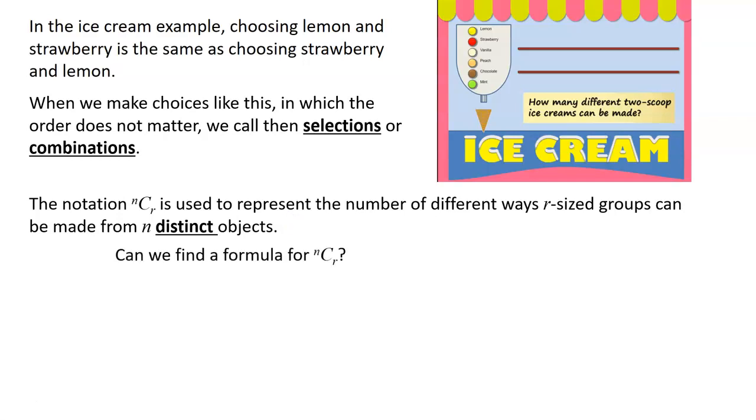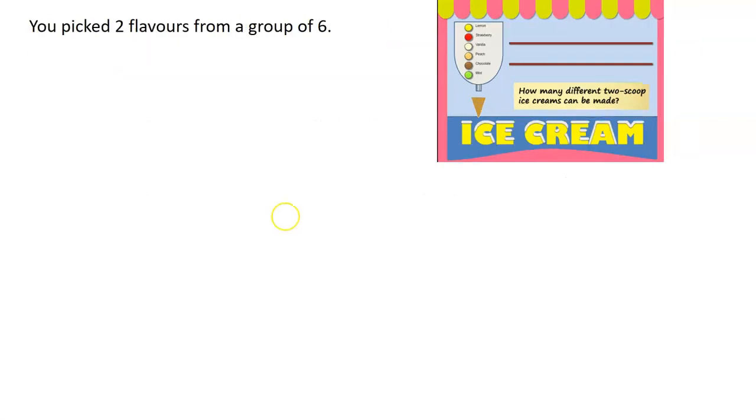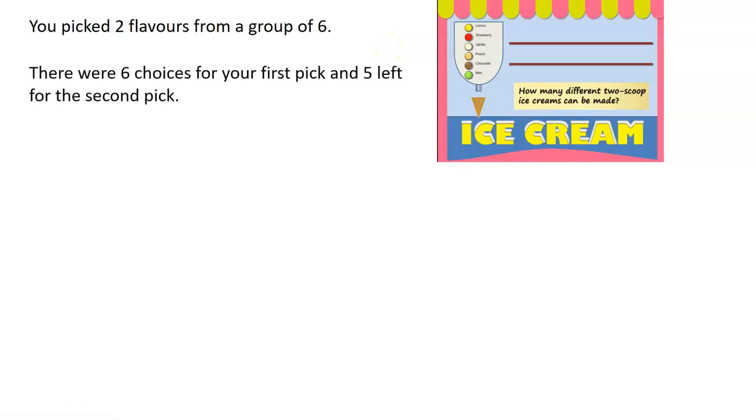So we're going to have a look at how we can find a formula for n choose r. In the example we had before, we picked 2 flavours from a group of 6. We had 6 choices for our first pick and then 5 choices left for the second pick because we weren't allowed to choose the same thing twice.